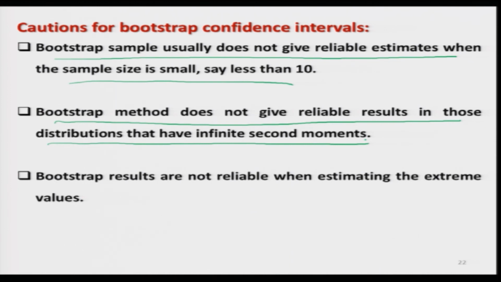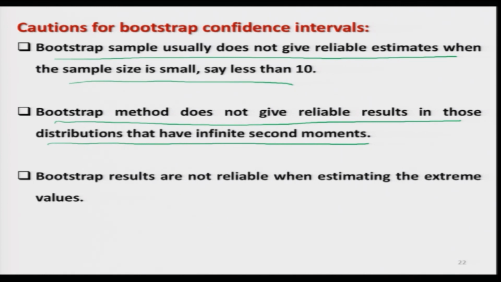There are some situations where the second moment does not exist. So, when the moment does not exist, you cannot estimate the variability using the bootstrap variance, and in that case it is not advisable to use the bootstrap confidence interval.